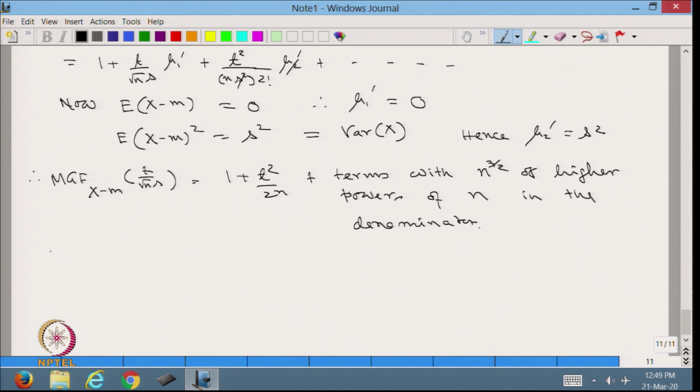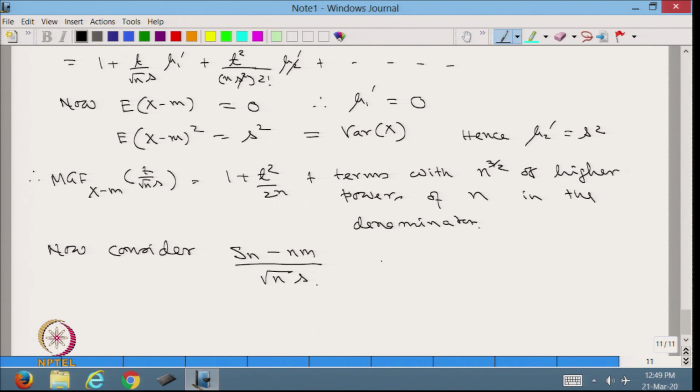Now, consider Sn minus nm upon root n s.